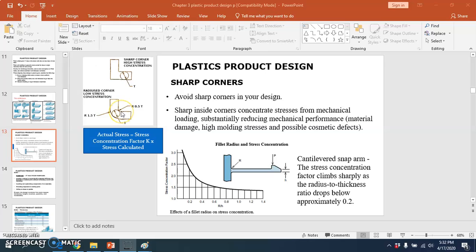This is the good size of radius, while the outside radius is 1.5 times the material thickness. This is the example of a sharp corner. So the radius should be nice if we use an inside radius of 0.5 and an outside of 1.5.